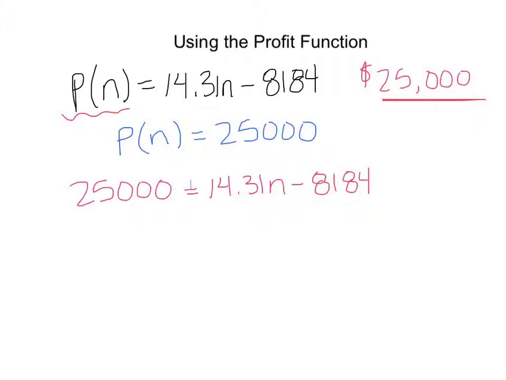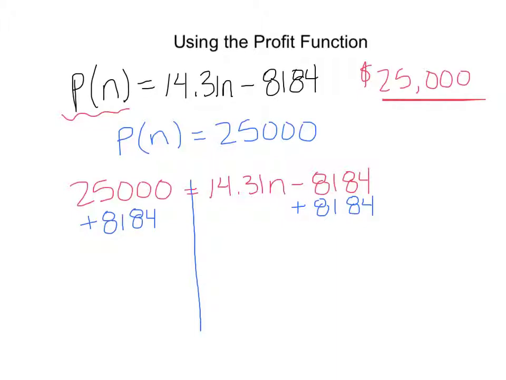So I'm going to draw my line because I like to draw my line, it keeps me organized. And I'm going to look over on the right-hand side. What has nothing to do with the pairs of jeans? Well, that would be the 8184. And since it's getting subtracted, I'm going to add 8,184 to this side. Now that means I also have to add 8,184 to the left-hand side.